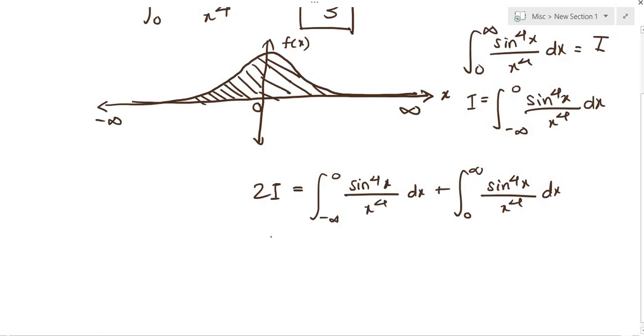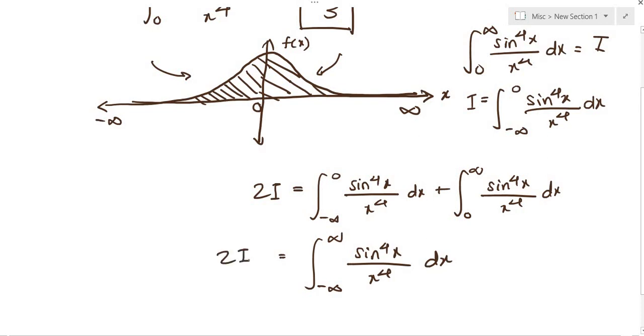So by the linearity of the integral, integral from negative infinity to 0 is basically this region, plus integral from 0 to infinity is this region. So integral over this plus integral over this is nothing but integral over the entire negative infinity to infinity region, right? So we can write them as one integral from negative infinity to infinity of sine to the 4th of x divided by x to the 4th dx, and that's just 2 times I.